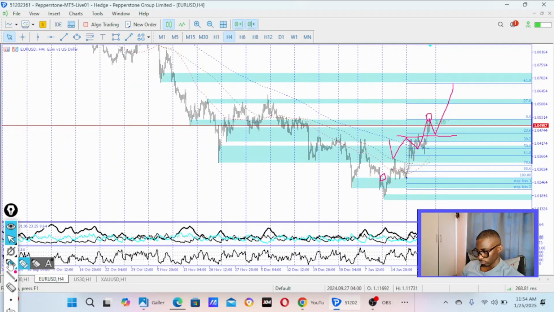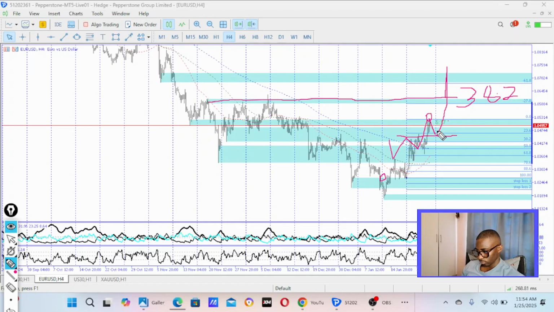Not to 6.8, but market shoots to this area, negative 27.0, which is our daily negative 30.2. This is our daily negative 38.2 fib level.